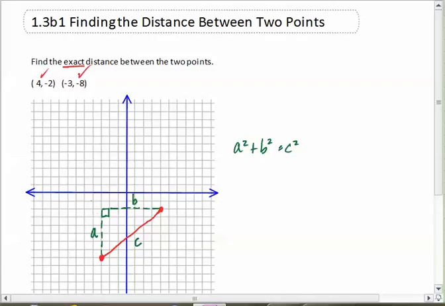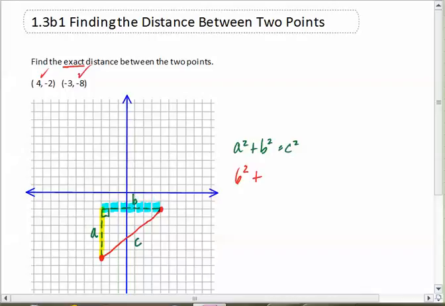So let's go ahead and look here. If I want to look at the distance here, the length of this, 1, 2, 3, 4, 5, I have a length of 6. So that means my A is 6. I'm going to square that. And my B, let's see, we have a 1, 2, 3, 4, 5, 6, 7.